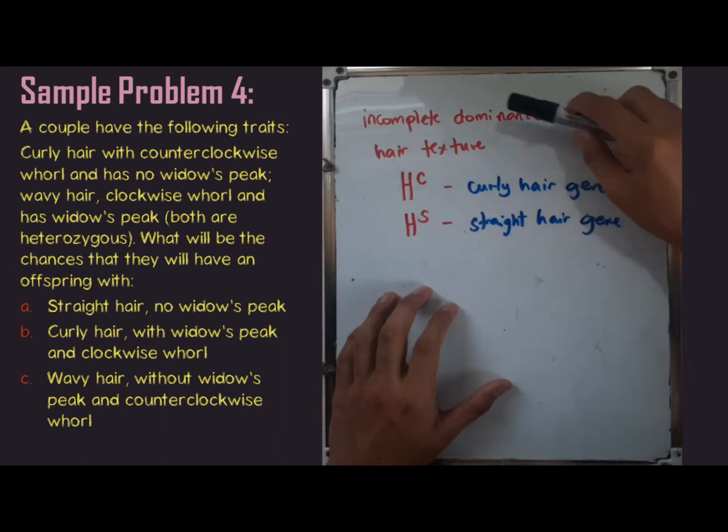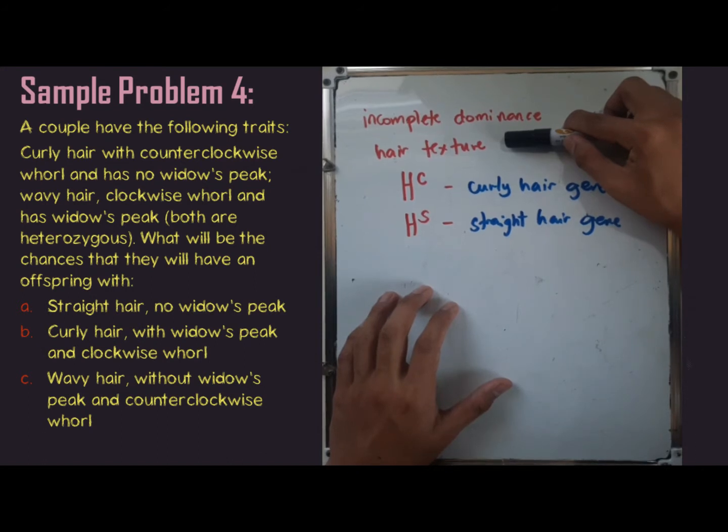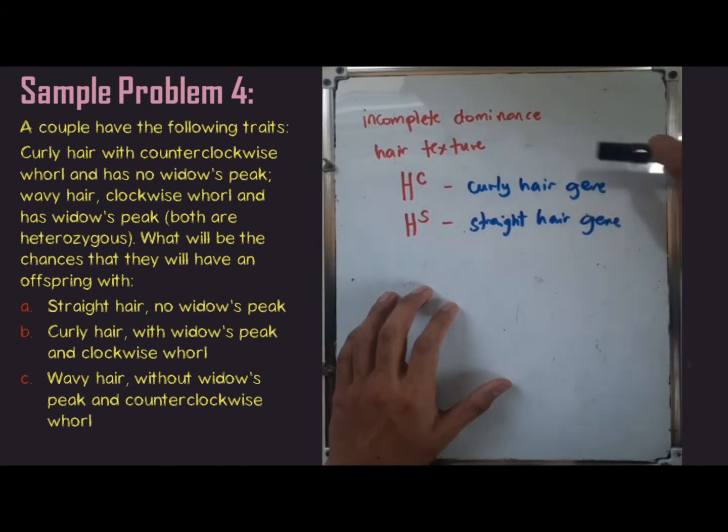When it comes to hair texture, there are two main types of genes present: the curly hair gene and the straight hair gene. The curly hair gene will be manifested in an individual if it is present as a homozygous dominant curly hair gene.